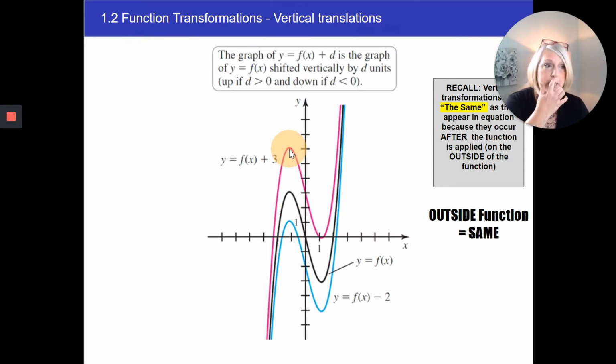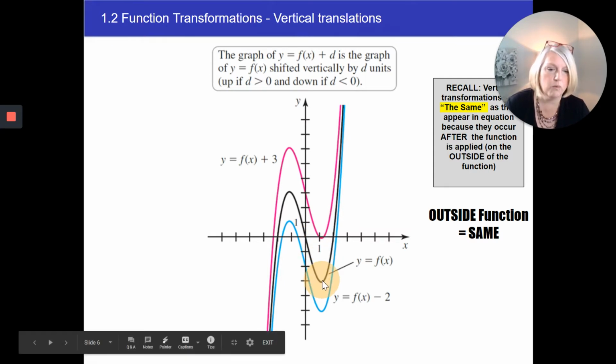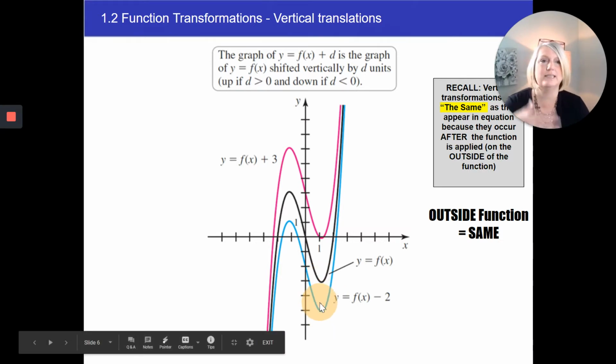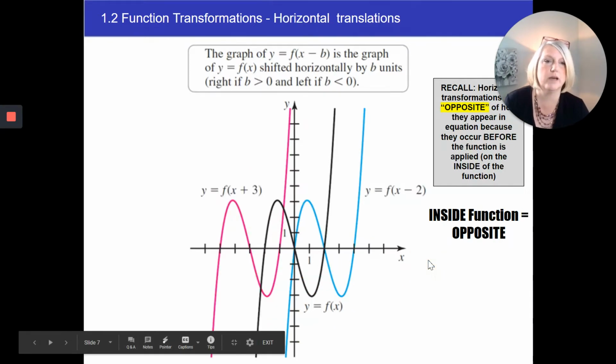So you see the anchor points' y values are being changed by adding 3 to those. And then the blue graph, of course, is shifting down 2. So the original (0, 0) becomes (0, -2). The original min at (1, -3) becomes (1, -5). So you can see how the points are changing as we work through that.